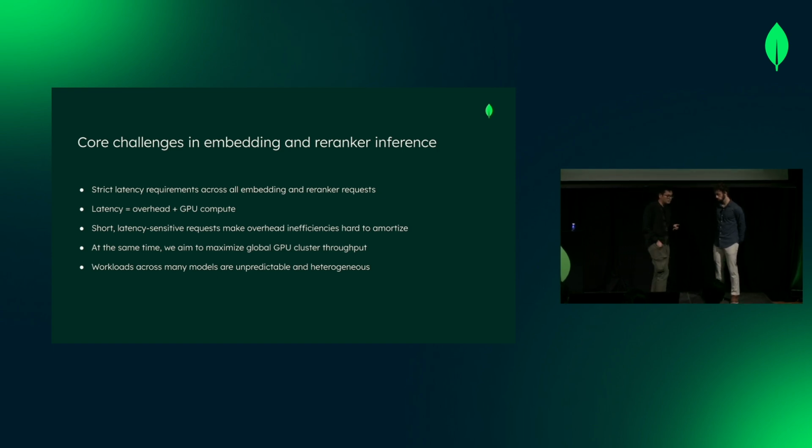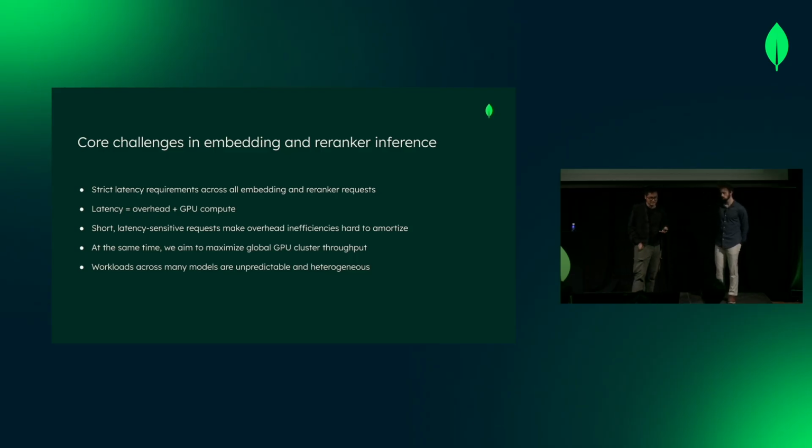And since these interactive requests tend to be small and latency sensitive, it's difficult to amortize away or hide these overhead inefficiencies. And so to achieve low latency, we've been really diligent about optimizing our infrastructure and removing overhead, and also being as efficient as possible in executing requests on the GPU.